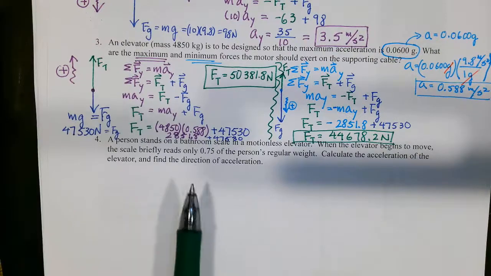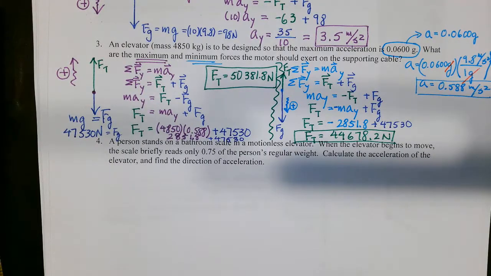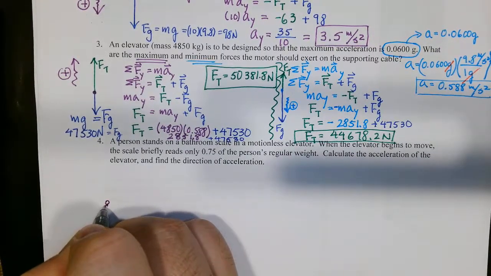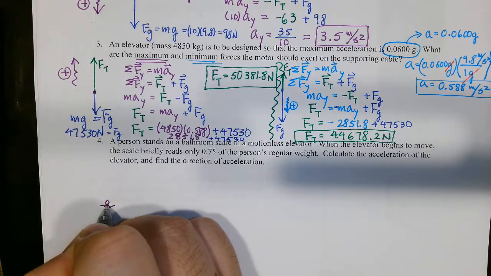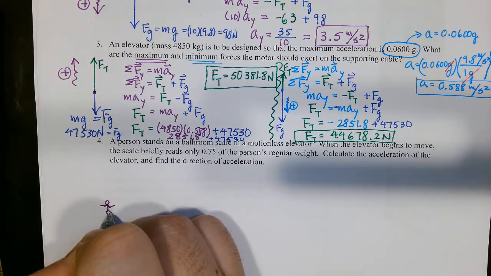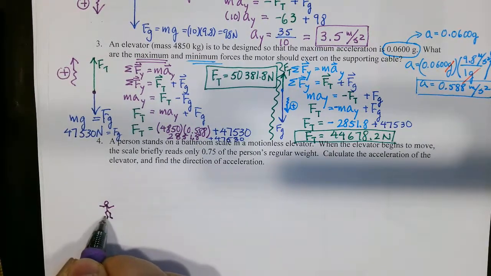So let's take a look at a free body diagram of this scenario. Okay? So here is a person standing on a bathroom scale.